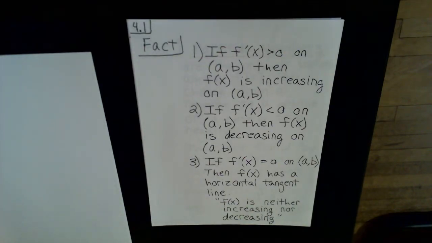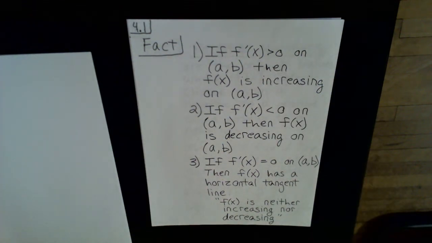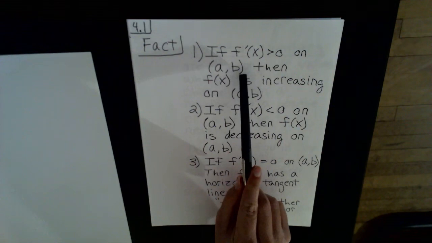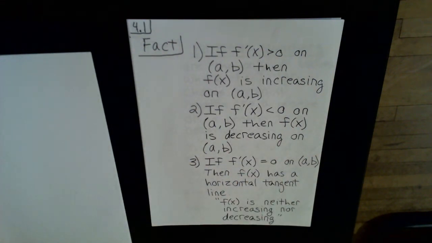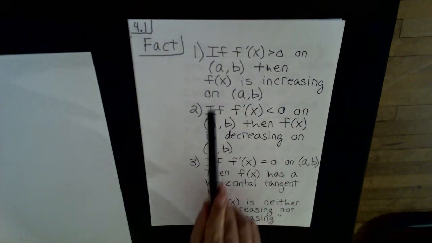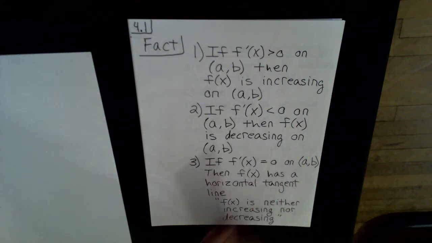So for this section, we're going to start section 4.1 by introducing a fact about where a function is increasing or decreasing. So we say if f prime of x is greater than 0 on some interval a to b, then f of x is increasing on that interval a to b.